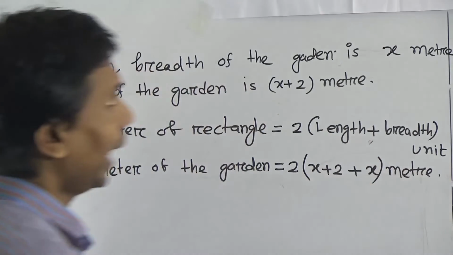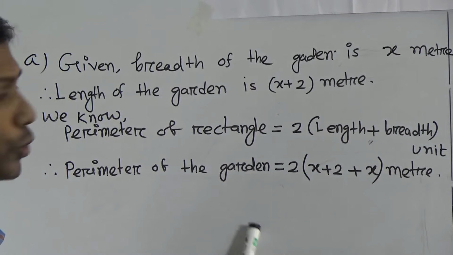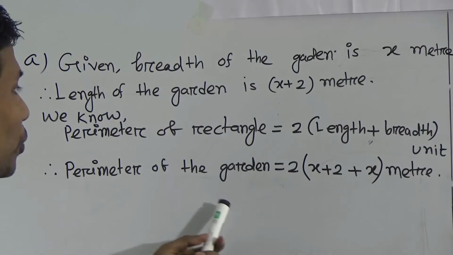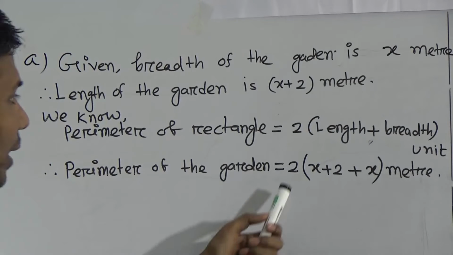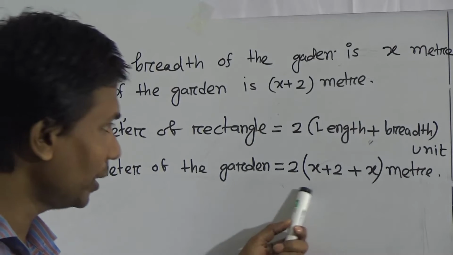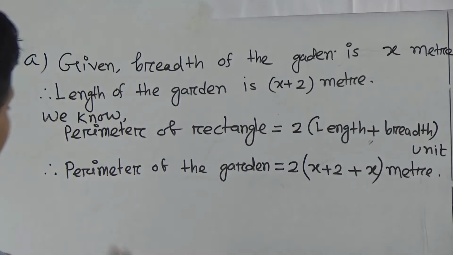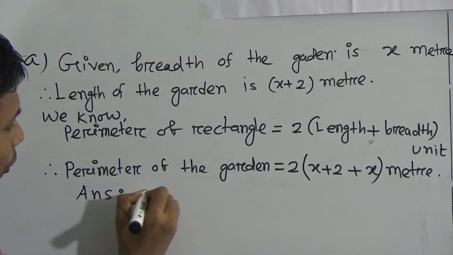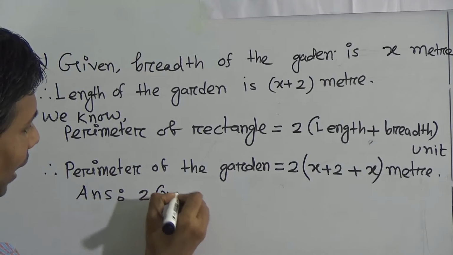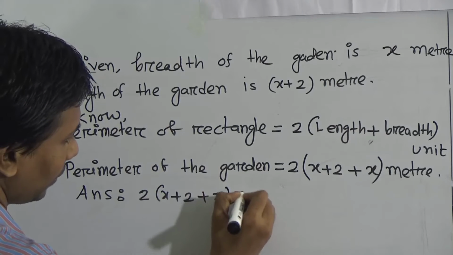As the question says, find its perimeter in terms of x, so I have written according to the question. The result is perimeter of the garden in terms of x. You see, all are x. Okay. Now you write the answer: 2 into x plus 2 plus x meter.